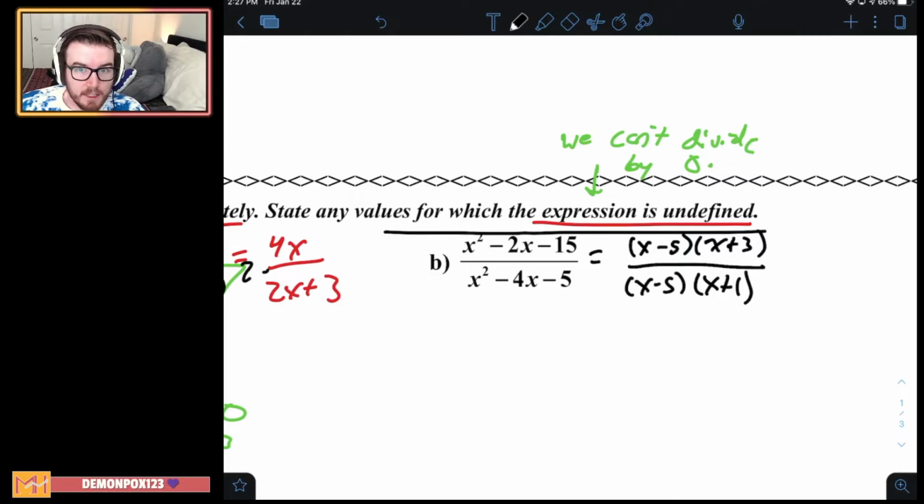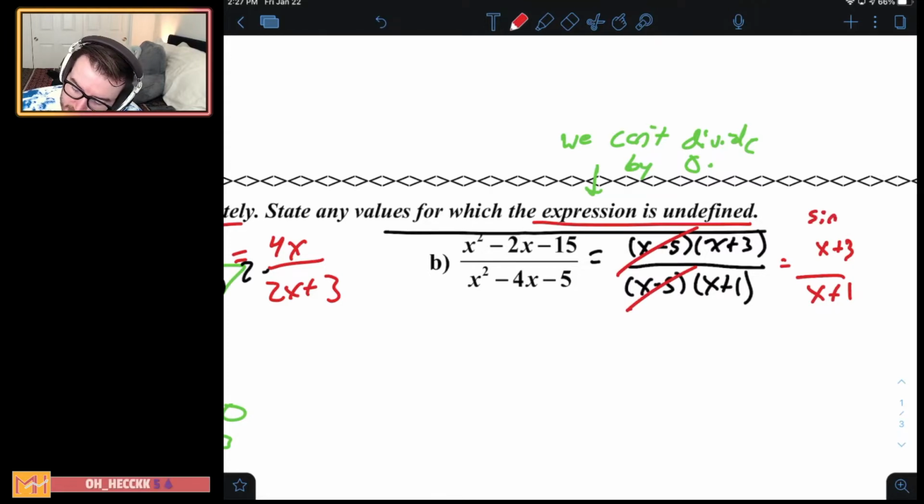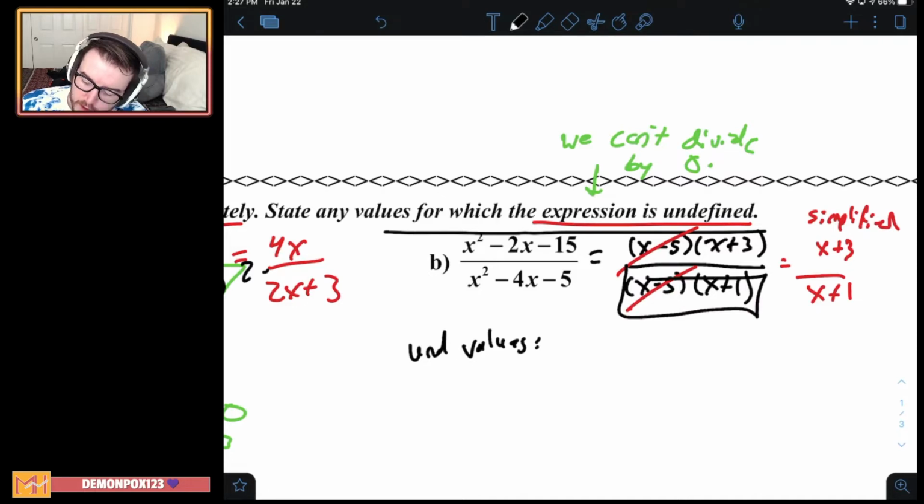Do you see a factor that's in common? I do, right? I would think you see it. Boom, that cancels out. And we're left with x plus 3 over x plus 1. So this is the simplified form because we were able to cancel out that factor. However, when it comes to the undefined values, you look at the original denominator. Don't forget that.